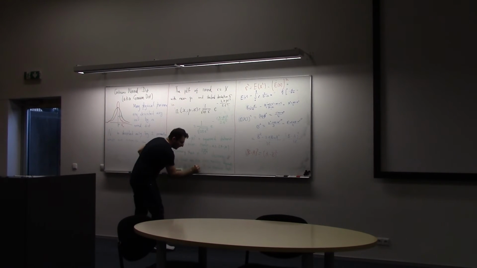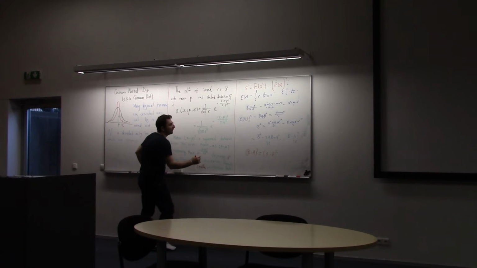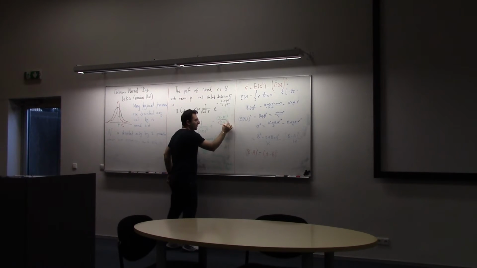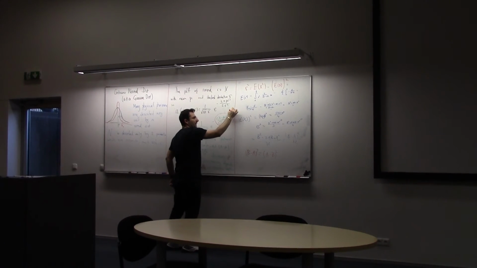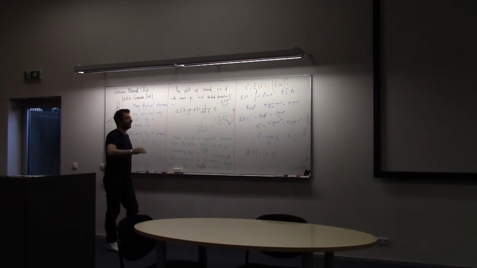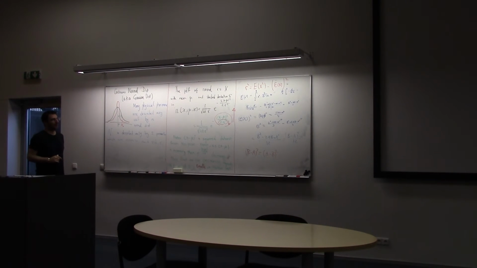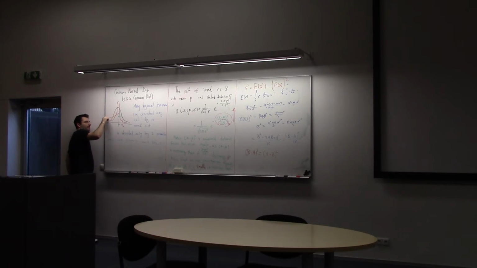If sigma is smaller, these results get bigger, so this value will be negative but bigger. So we have bigger changes in here than in here.